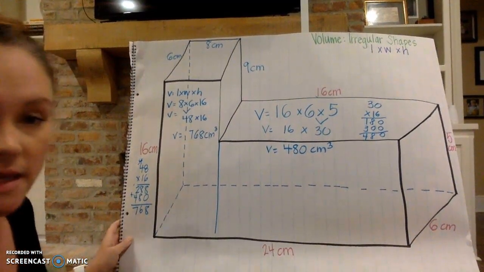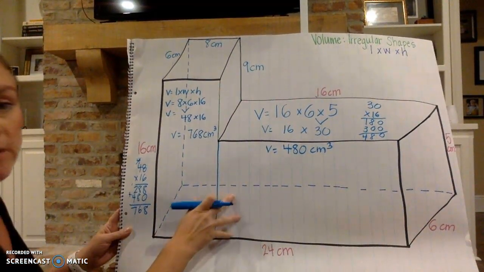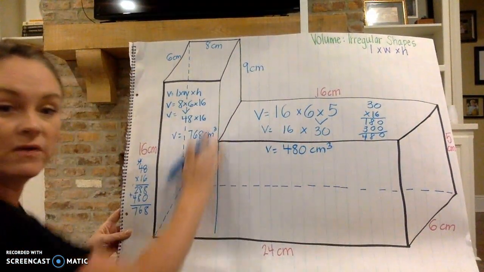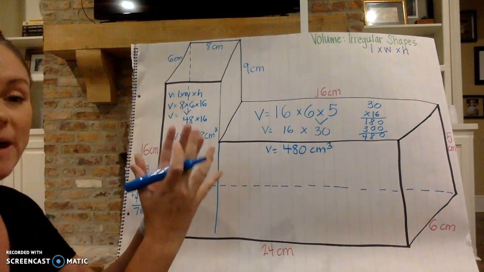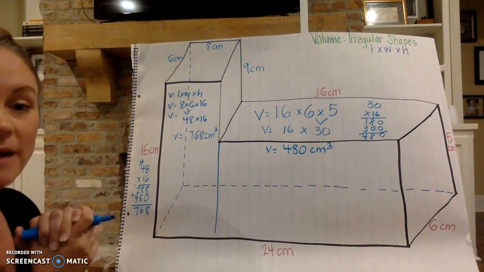Now, I'm not done. Okay, I have the volume of this rectangular prism and the volume of this rectangular prism. Now that I have these two, I have to combine them together. So I need to combine them by adding.